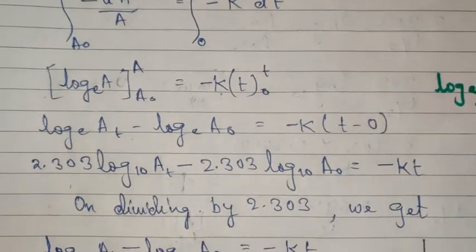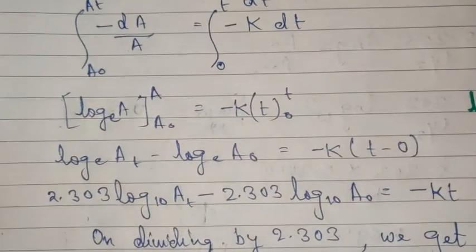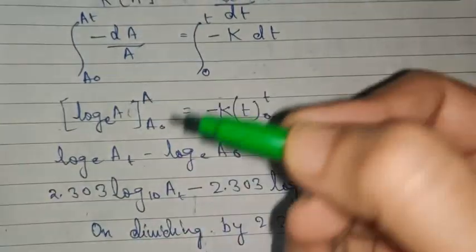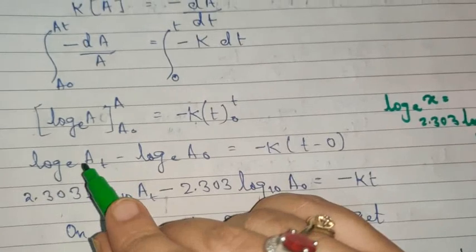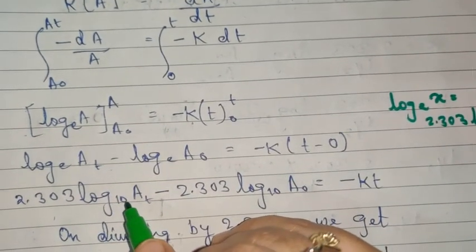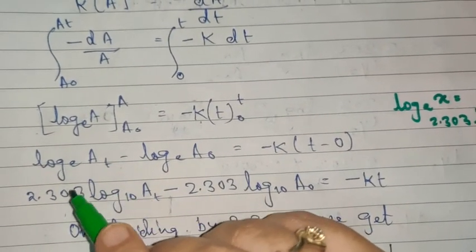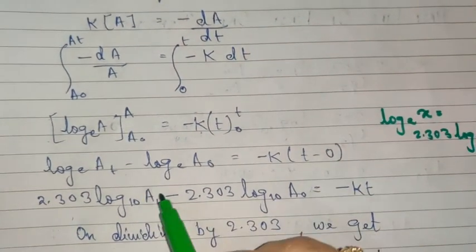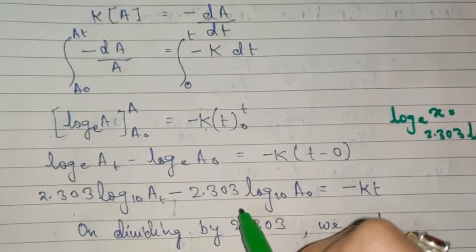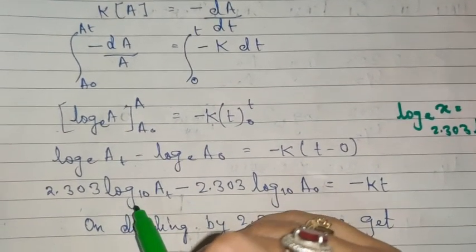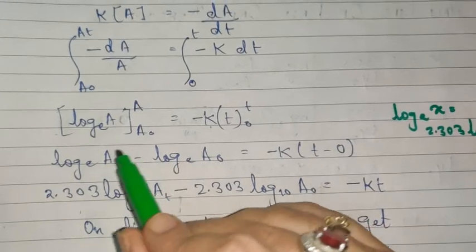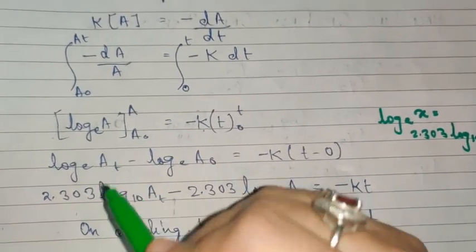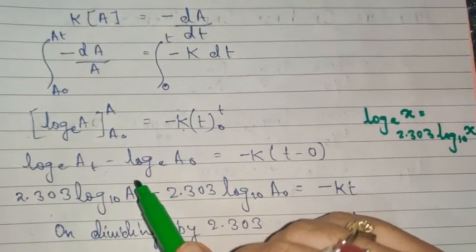Now a very important point here: natural log, children, cannot be calculated or simplified easily. So in order to convert this into log base 10, this expression is multiplied with 2.303, and this you must have learnt in class 11, because in many chapters you get this much of logarithm in your calculations.